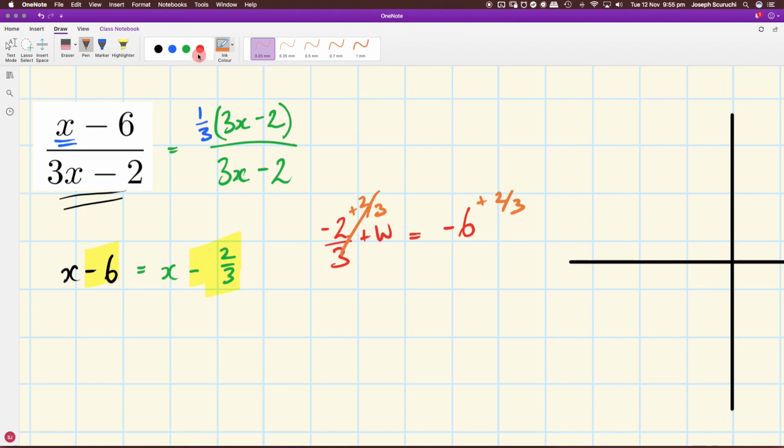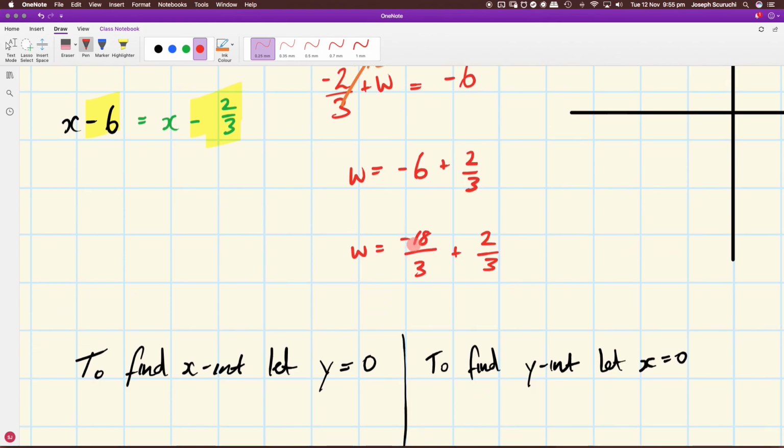That will go away, and I'll have w on this side. Now I have -6 plus 2/3. In order to add those, I'm going to have to make my denominators the same, so I times this by 3 and this by 3 and then get 2/3. What is -18 plus 2? It's going to be 16 on 3.